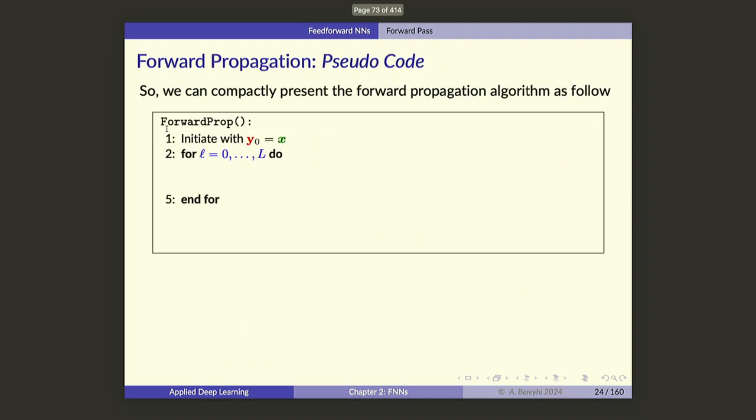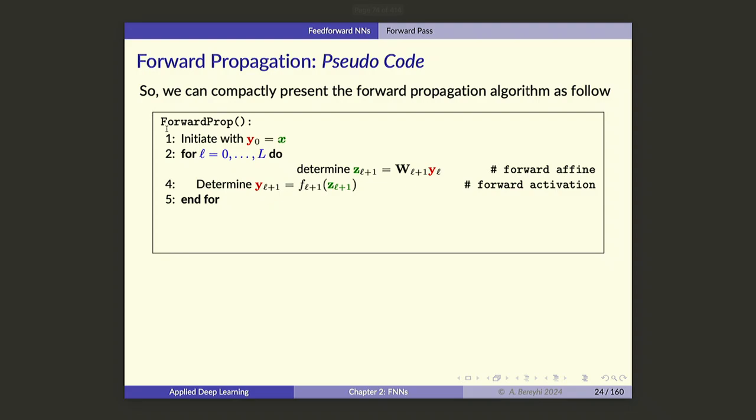And now I can write down the forward propagation much more compactly in this form. So I'm going to start from the very first layer, the input layer. When I am in the input layer, I am going to calculate the first affine transform of the first hidden layer by multiplying the whole matrix, meaning every weight involved between the input and the first hidden layer, with the first layer output, which is basically my data.